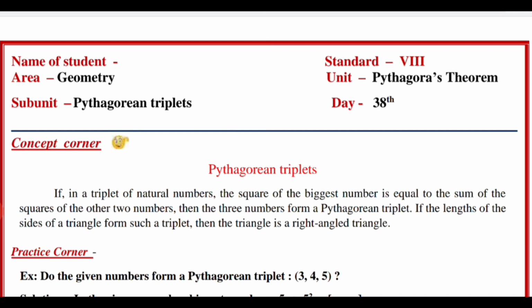Because we all know in right angle triangle hypotenuse square is equal to the sum of squares of other 2 sides. So hypotenuse is the biggest side. That means what? If biggest number square is equal to the sum of squares of 2 smaller numbers, then that will be the Pythagorean triplets. And that's why the length of sides of triangle forms such triplet, then that triangle is a right angle triangle.